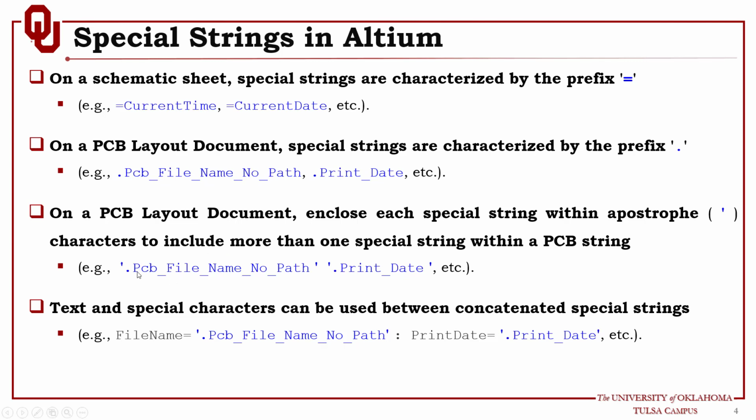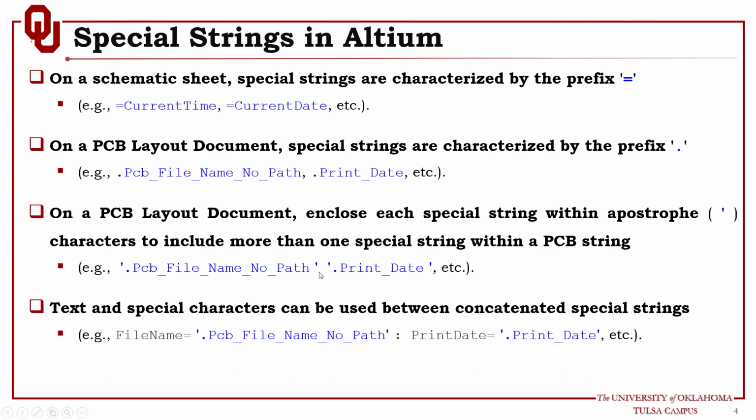For example, as you can see in here, if you have a PCB file name and then you have the apostrophe and then you have another special string, PCB date, also with the apostrophe, in this case PCB file name will be printed, and then you will see next to it the print date, and you will have a space between the two.